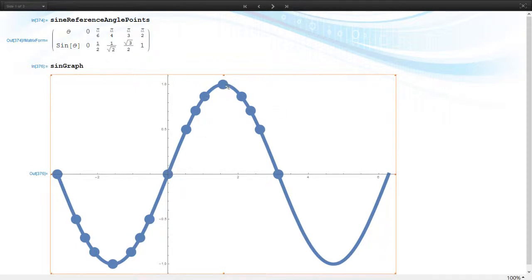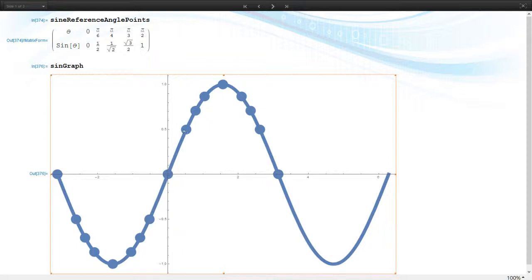And then once we get to this point, we reverse the order to come back down. All of our points will be positive still because now we're in the second quadrant from pi halves to pi. And if we go the other way, we get the fourth quadrant here.